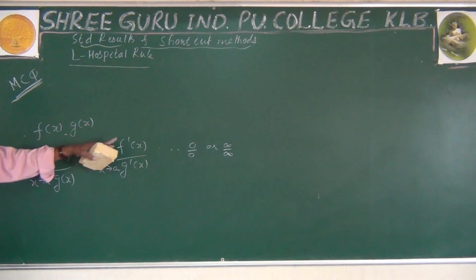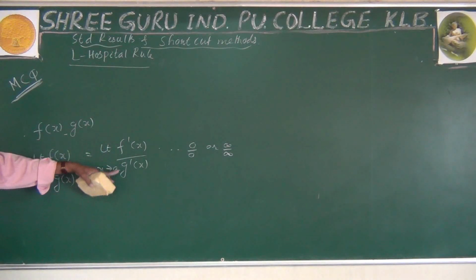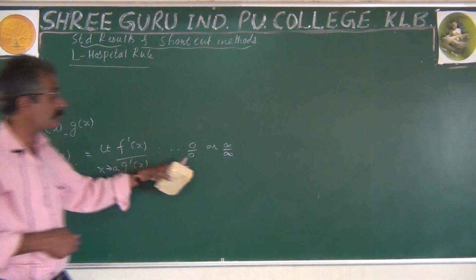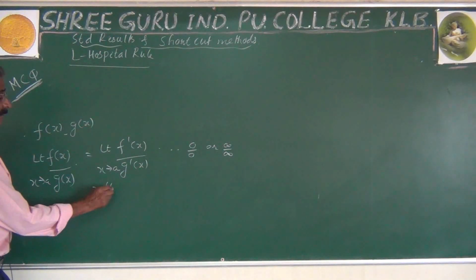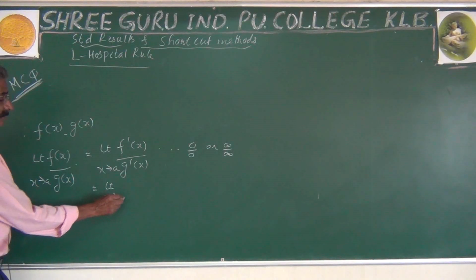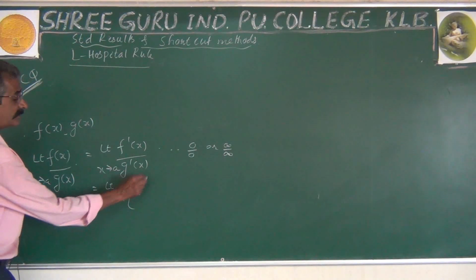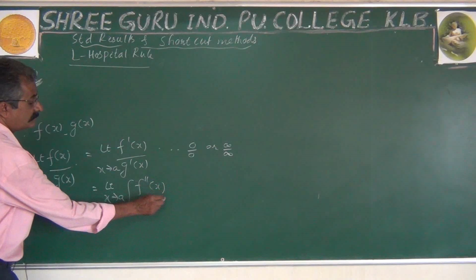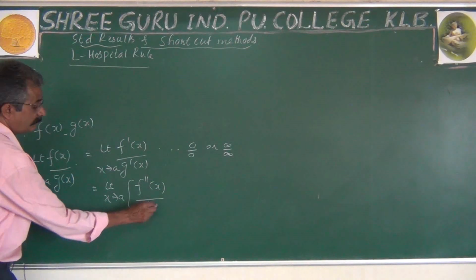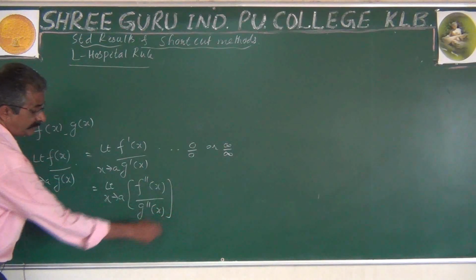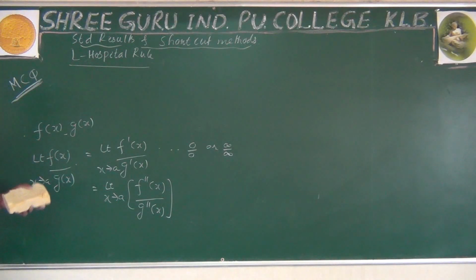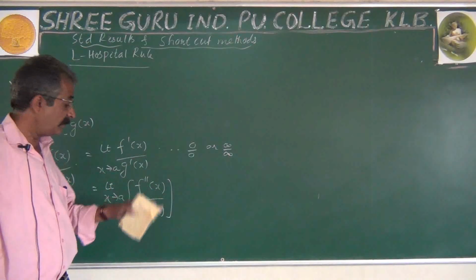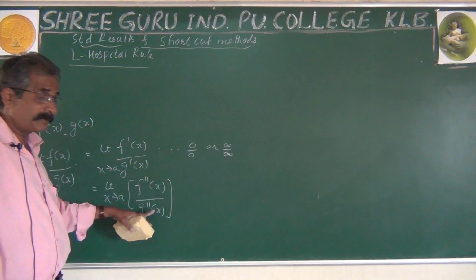See, if at all the limit of f dash x by g dash x once again becomes 0 by 0 form, we can apply L'Hospital rule once again. Means limit as x tends to a of f double dash x divided by g double dash x. That means you can differentiate a second time. Like this, you can continue applying L'Hospital rule until we get a perfect known answer.